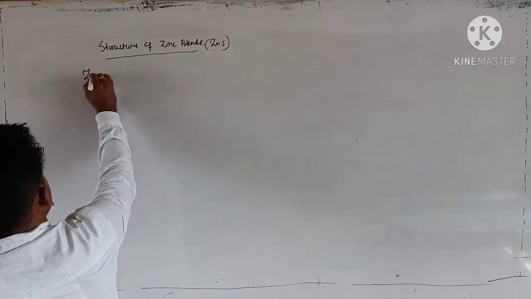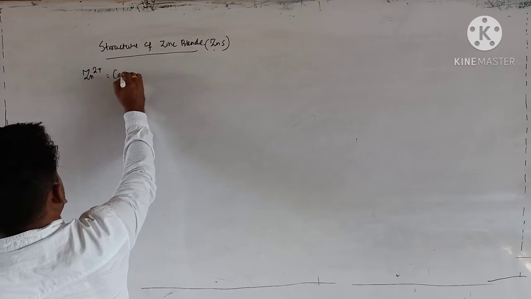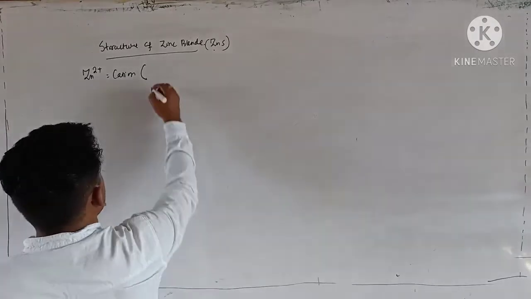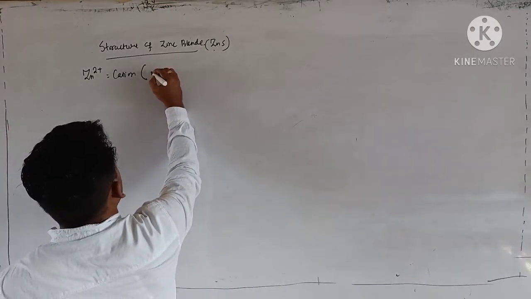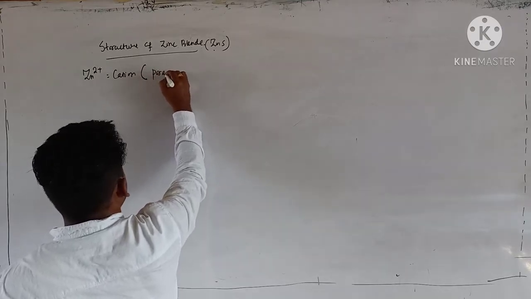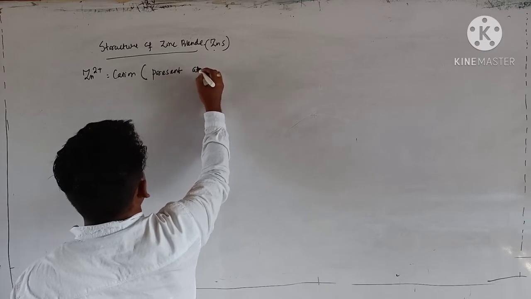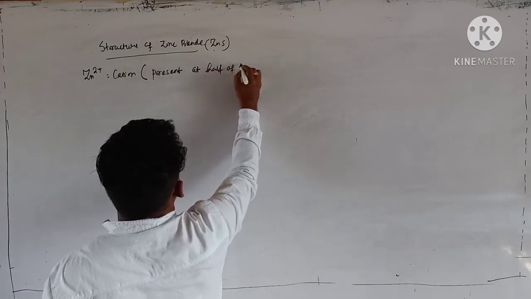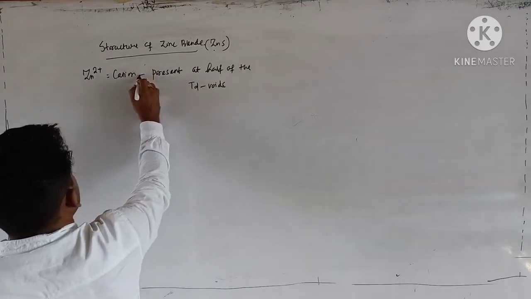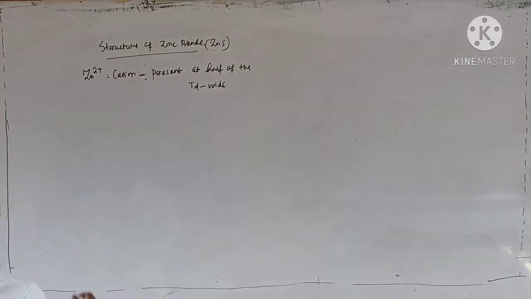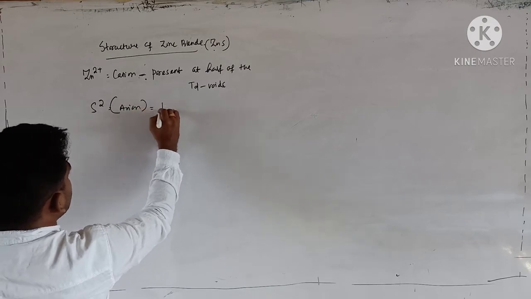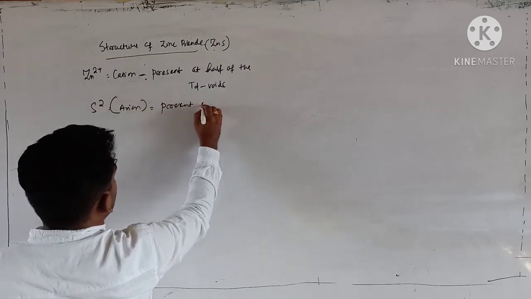The cation, Zn2 plus, is present in half of the tetrahedral voids, and S2 minus, the anion, is present at FCC.